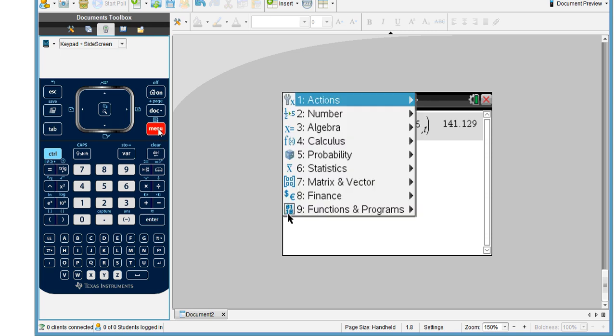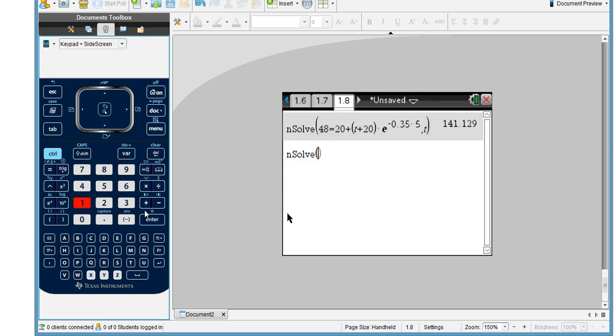Okay, let's try it again. Menu 3-1, 48 equals 20 plus control t. This time we're going to subtract 20 like I should have done last time. And then we're going to come out here and put times e. Oops, I don't want control.